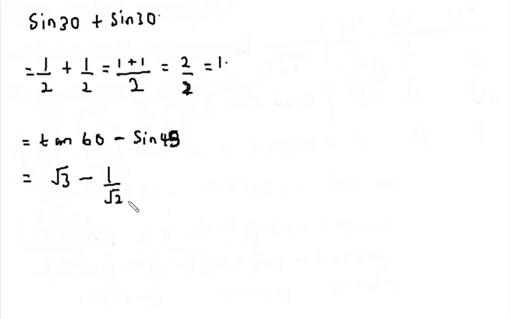Okay, so the LCM here is root 2 over 1. Root 2 divided by 1 is root 2 times root 3, so we have root 6 here, minus 1 over root 2. So this is the answer to this problem. Okay, so note that this form is applicable for mostly special angles.